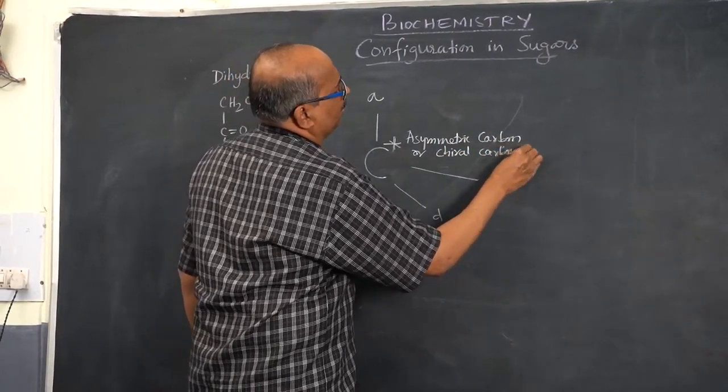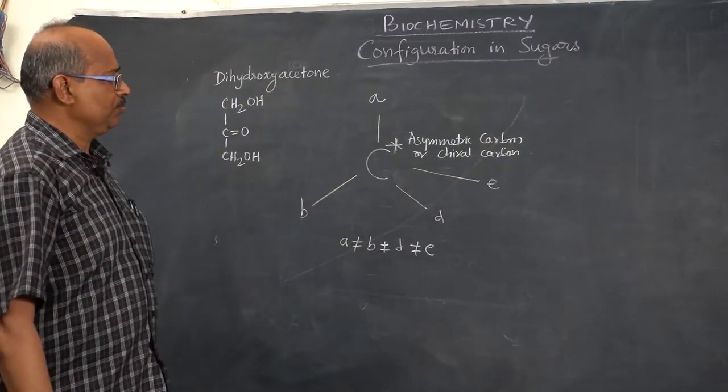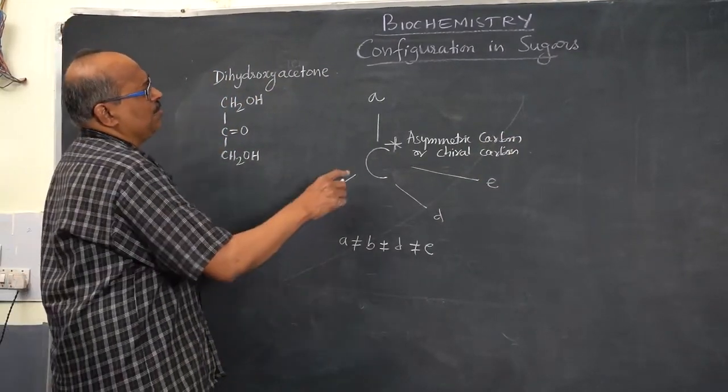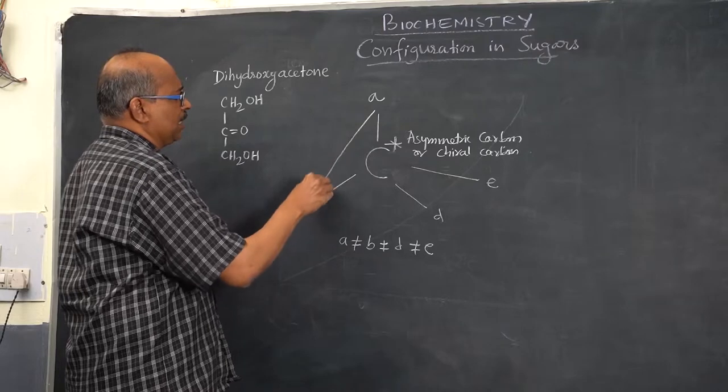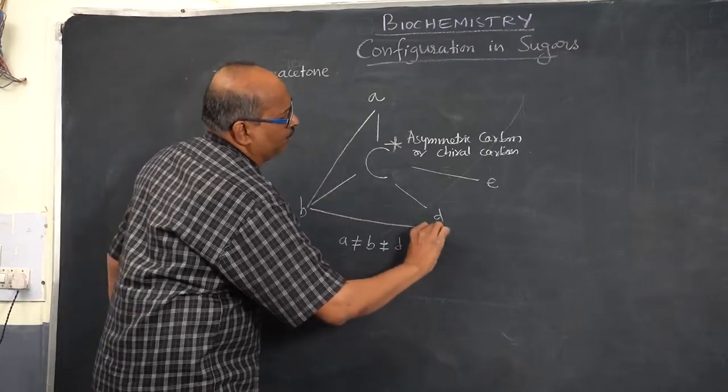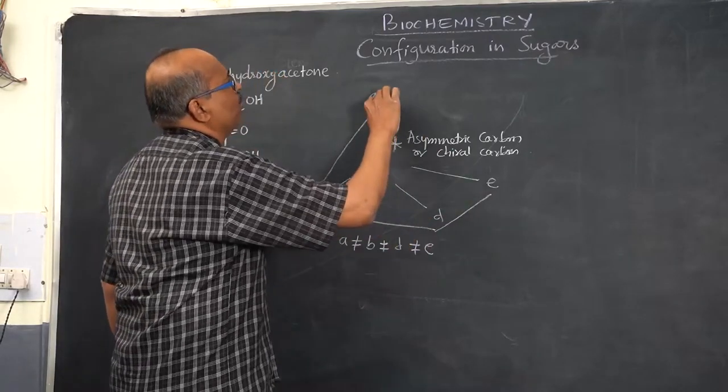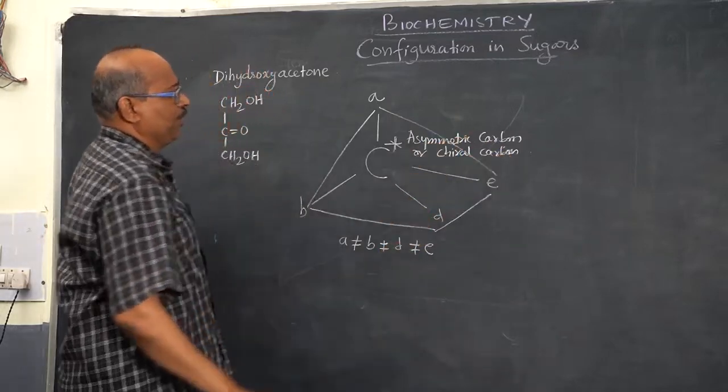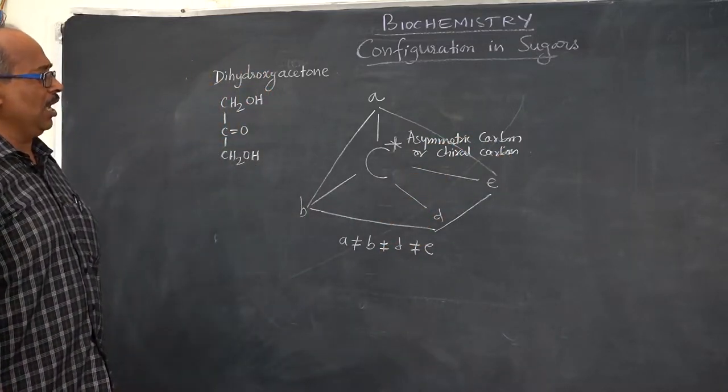Chiral indicates in hand. So an asymmetric carbon has a tetrahedral arrangement where it is surrounded by 4 different groups or 4 different atoms.